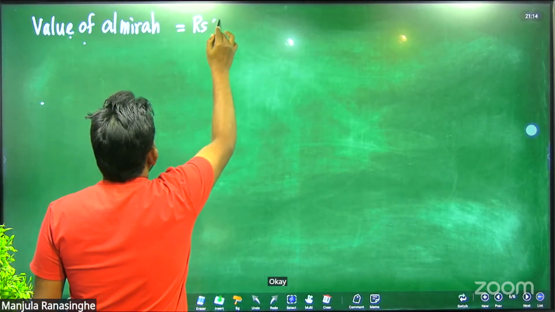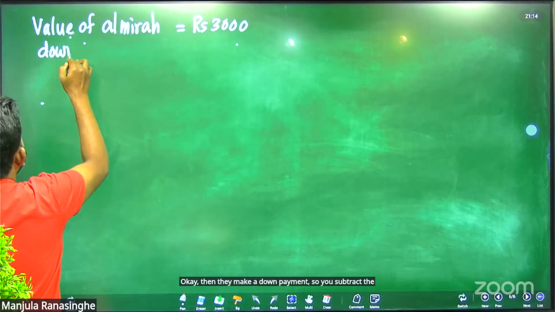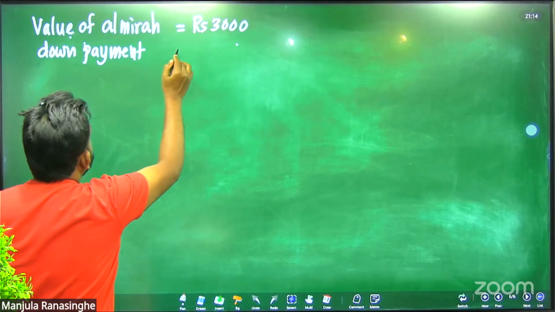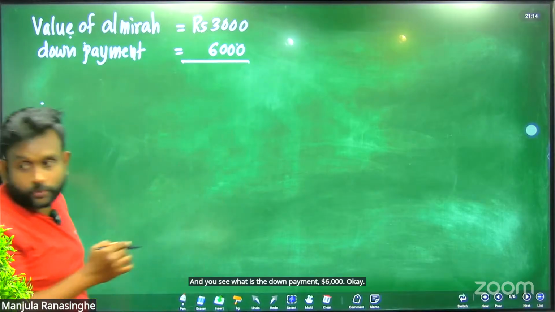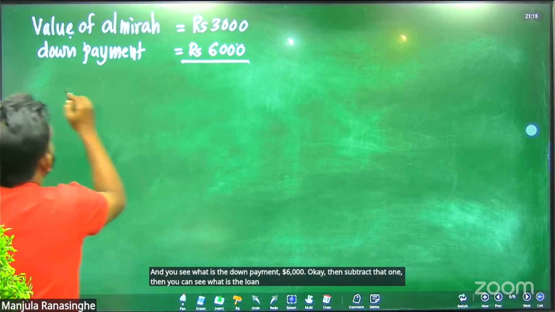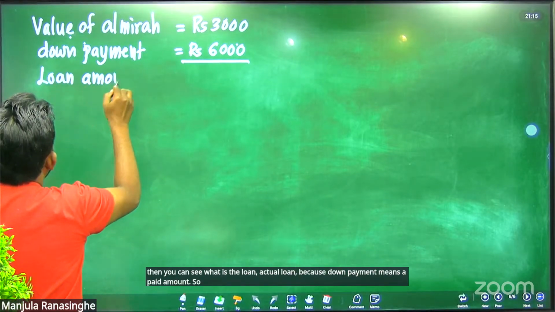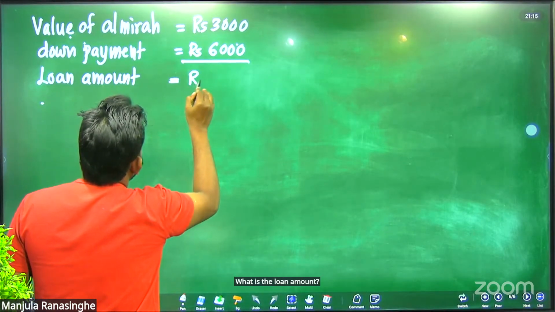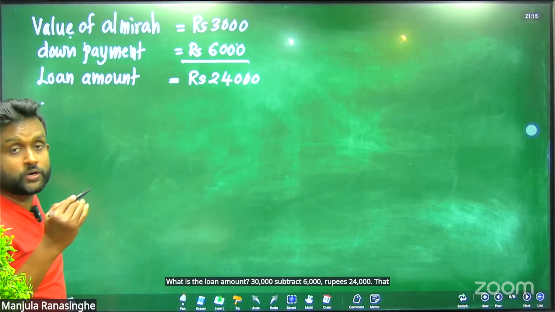Then they make a down payment, so you subtract the down payment, which is 6,000. Down payment means a paid amount, so then you can see the actual loan. What is the total loan amount? 30,000 subtract 6,000 is rupees 24,000. That is the total loan amount.